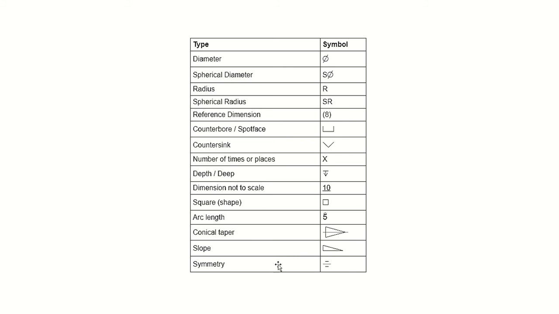And the symmetry looks like this: an upper little dash and a lower little dash separated by a longer dash, showing the symmetric symbol. Anyways, you have to get this by heart.